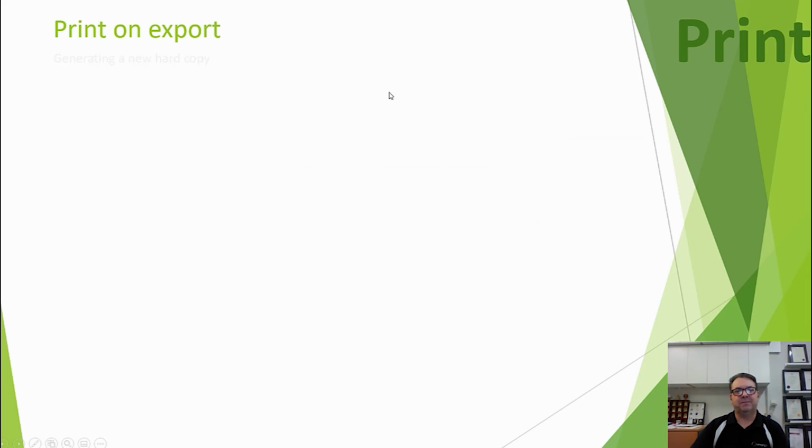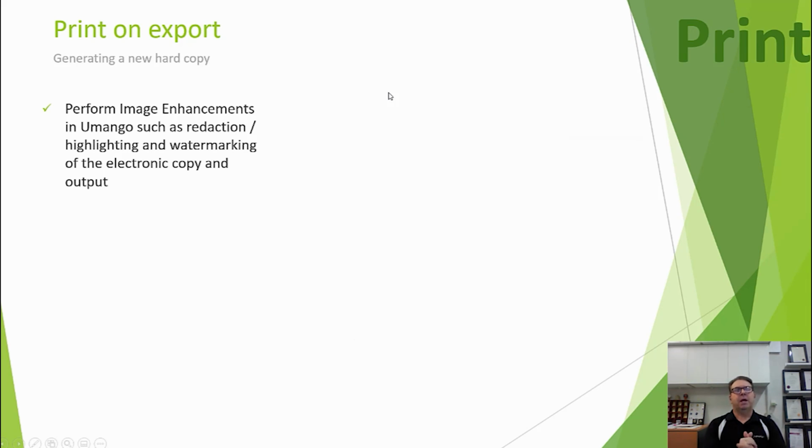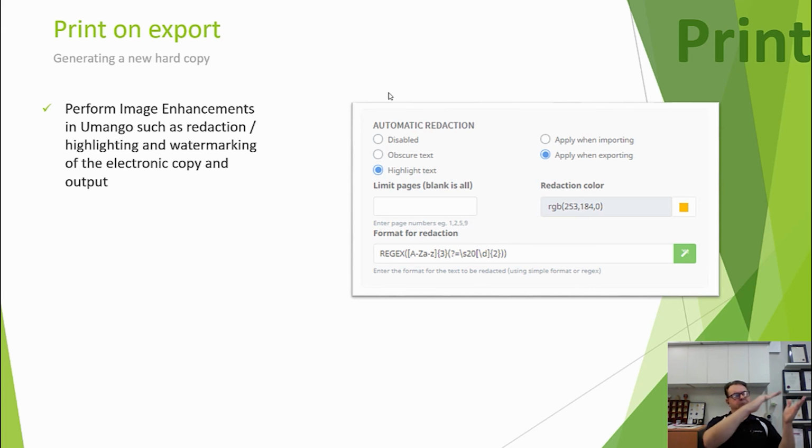21.9. Okay, we're almost done. The final part of the Umango life cycle, if you like, is the ability to not only export information, but print. And this is another really powerful and useful thing to have a conversation with your clients around. Not only have we the ability to grab information, name a file and save it into a client's system, but we can also output another hard copy of that document as well.